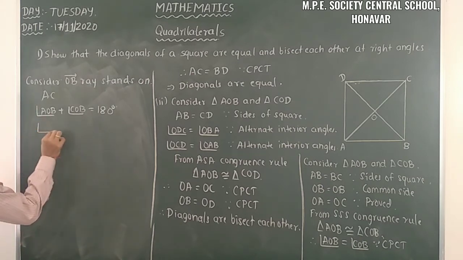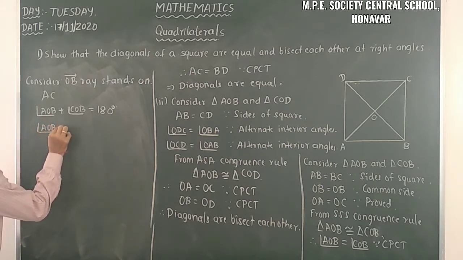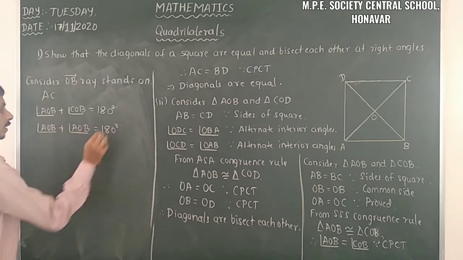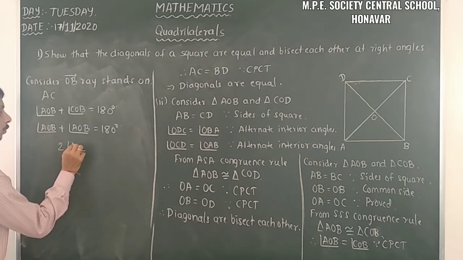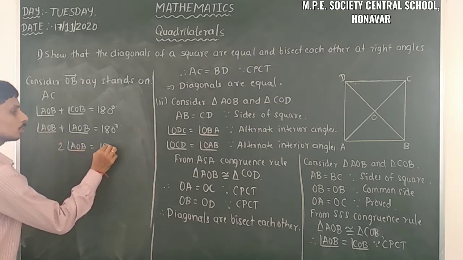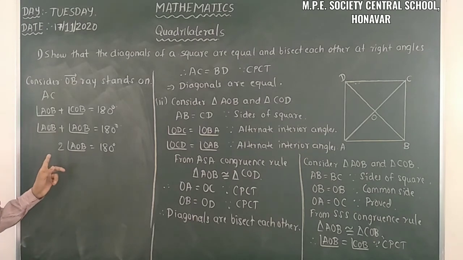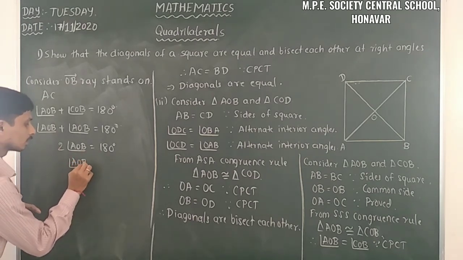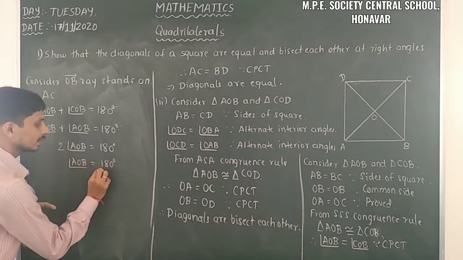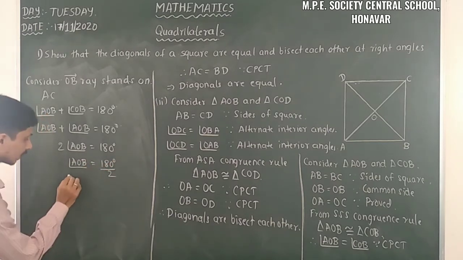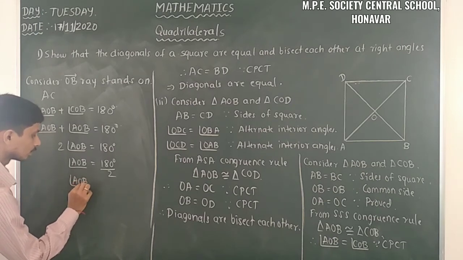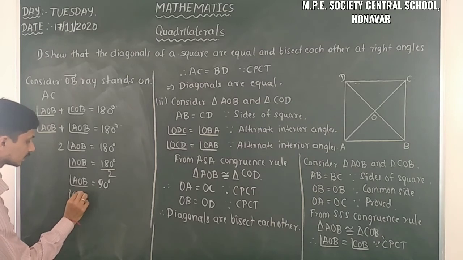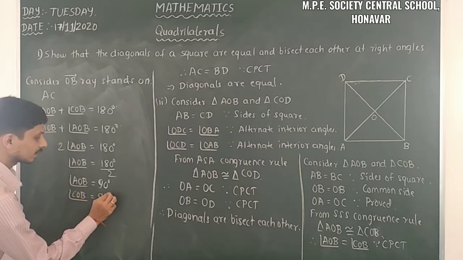So angle AOB plus angle AOB is equal to 180 degrees, and 2 times angle AOB is equal to 180 degrees. Transposing the 2 to the right-hand side, angle AOB is equal to 180 degrees divided by 2, that is, angle AOB is equal to 90 degrees. Also angle COB is 90 degrees.